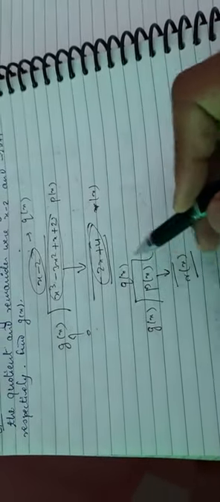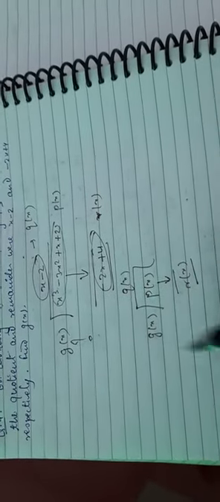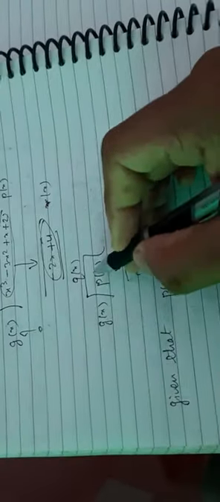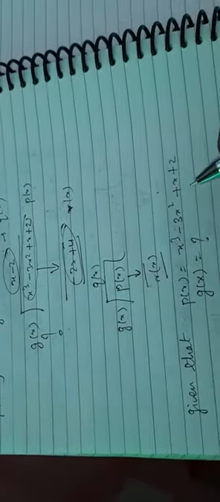According to that division algorithm, p(x), q(x) and r(x) are given, only we have to find g(x). So we will write separately, given that p(x) is x cube minus 3x square plus x plus 2.